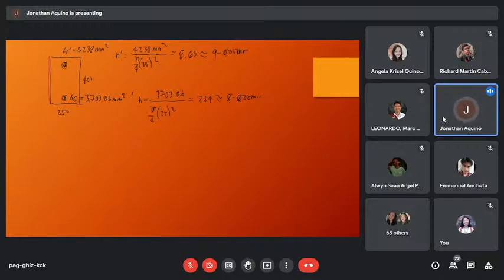So imagine we have only 250 millimeter, but we are required to put 9 bars. So these 9 bars, kasya kaya? Wala. Tatlo.